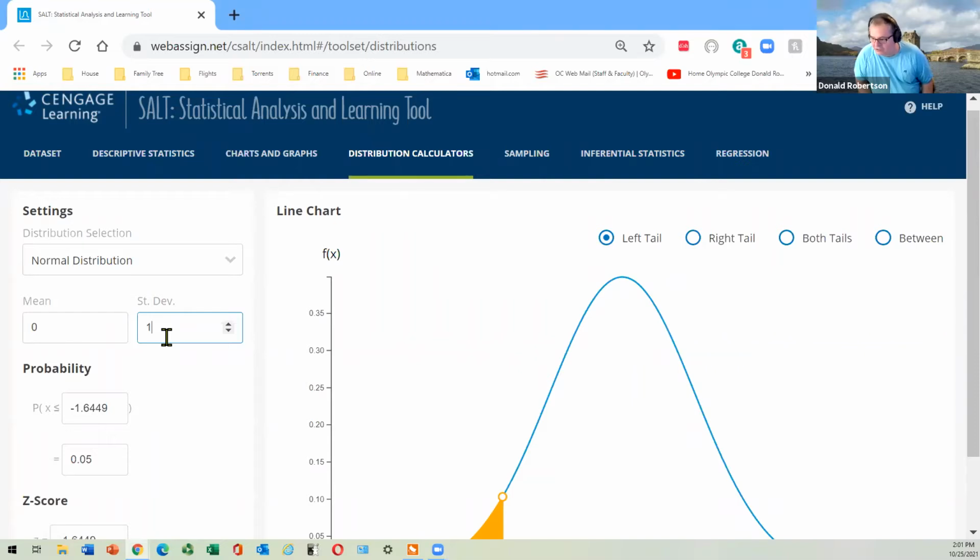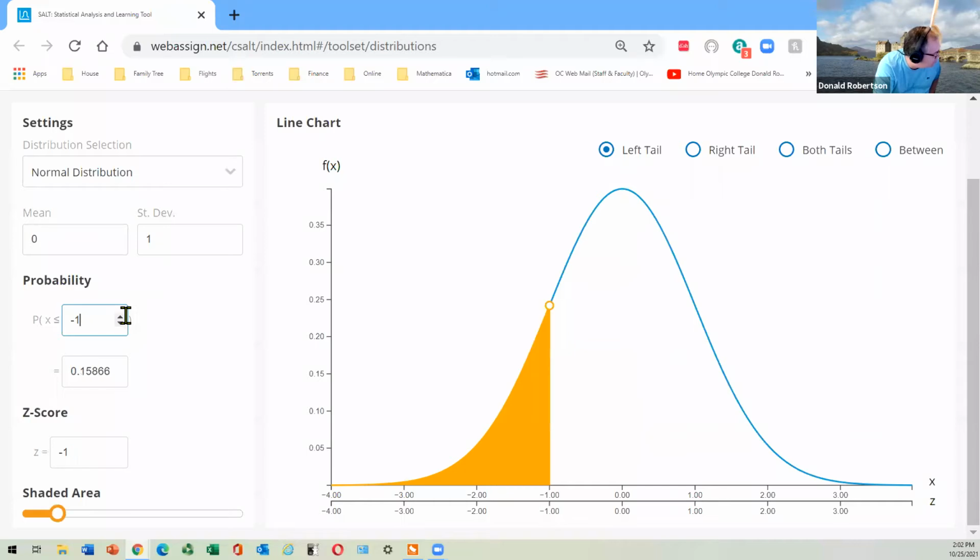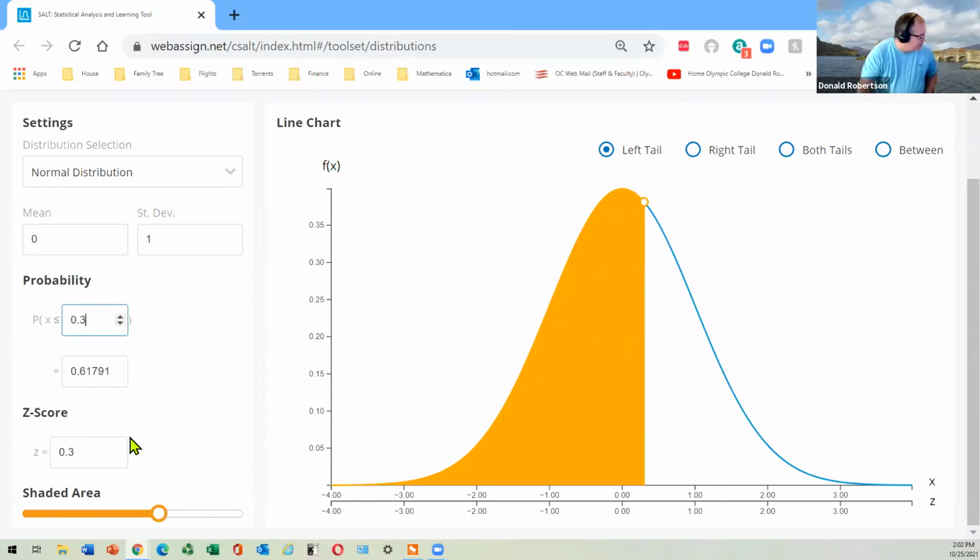In this case, I don't need to change it because that's what it is. And I wanted z less than 0.3. Oh, less than, happy with the left tail? Less than. Oh, that's a good way of remembering. Left, less than, right? L and L. Left, less than. And 0.3, I think, is the number we just chose. And the answer would be 0.61791.